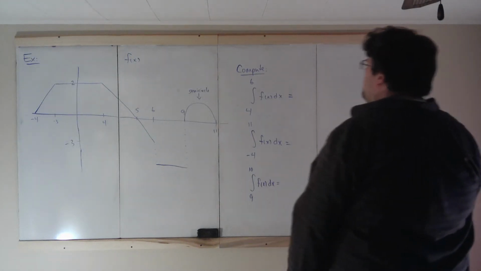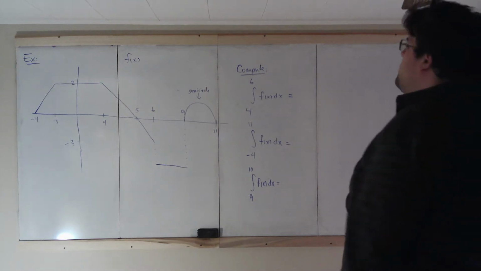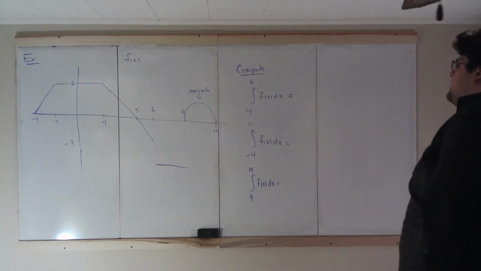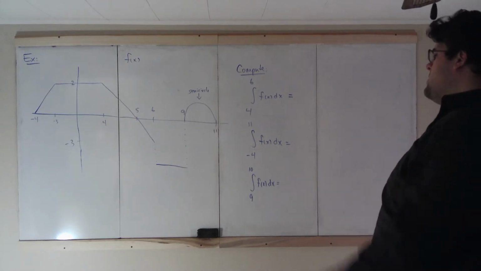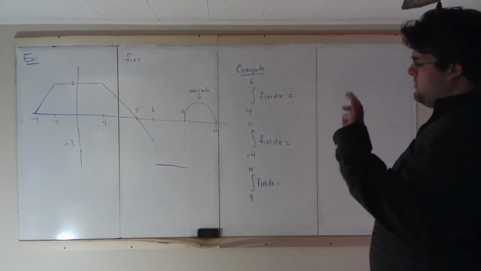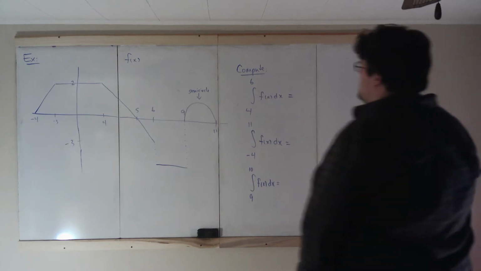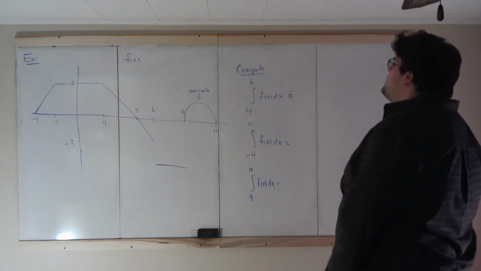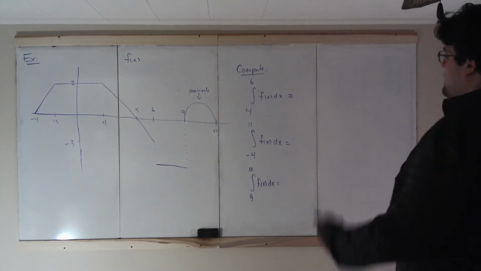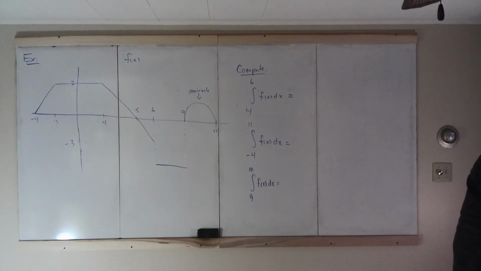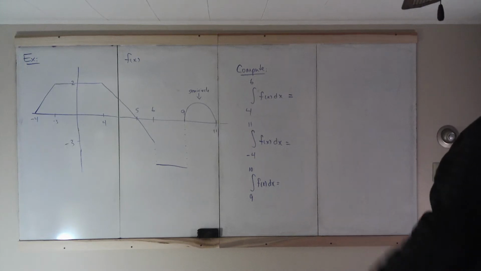So here we have an example function with some triangles, some rectangles, and a semicircle. You could think of that as a trapezoid, but I'm just going to do rectangles and triangles, because I'd rather just think of rectangles and triangles.